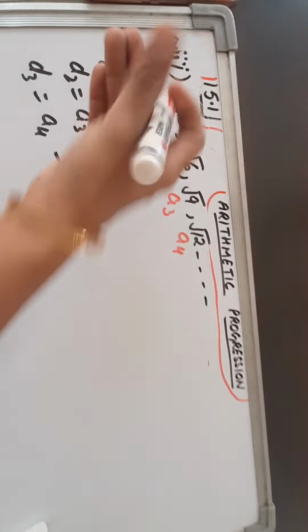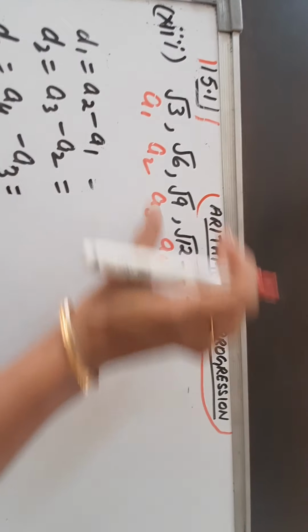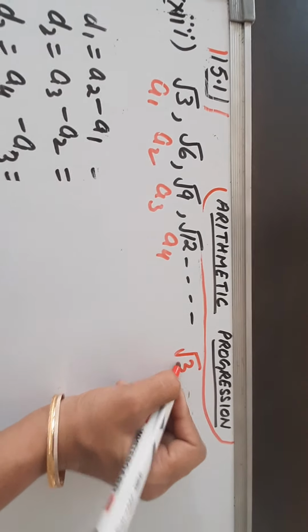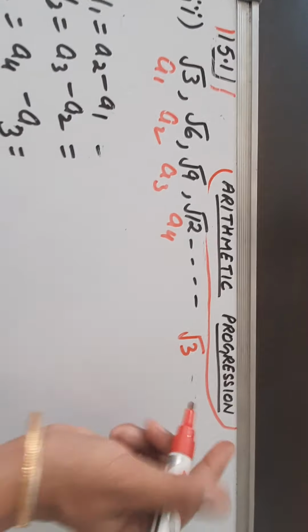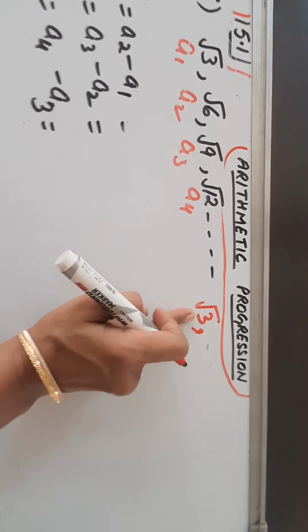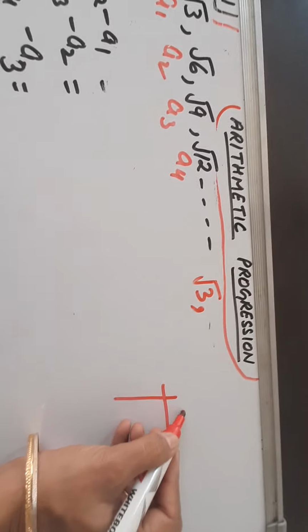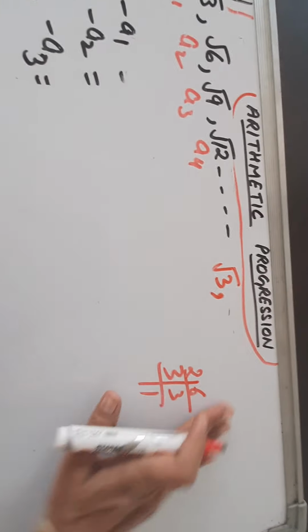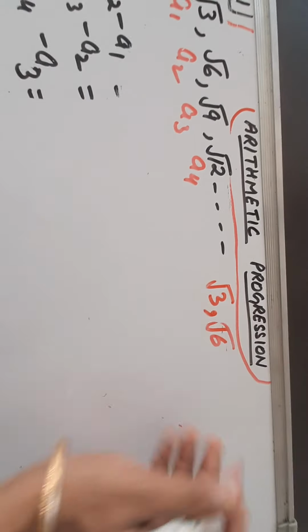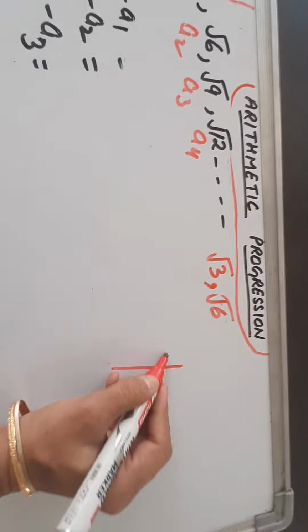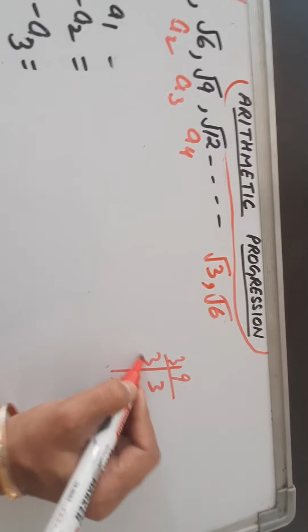As 3 is a prime number, here I am writing the refined AP. Root 3 will remain as it is, as this can't be solved further. Now for root 6, if we factorize, 2 3s are 6, 3 1s are 3. Nothing is paired, so it will again remain as it is. Now root 9, 3 3s are 9, 3 1s are 3.